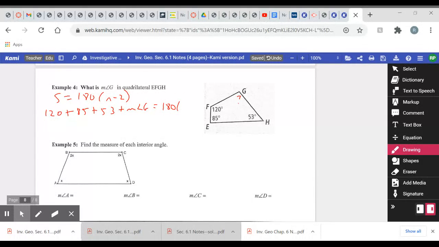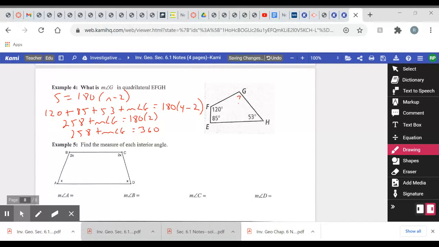They didn't tell me n, but I can look at the picture and see that it has 4 sides. So 4 and then minus 2 is still part of the formula. So if I add up the angles I do know, I get 258 plus the measure of angle G is equal to 180 times 2. So I get 258 plus the measure of angle G is equal to 360.